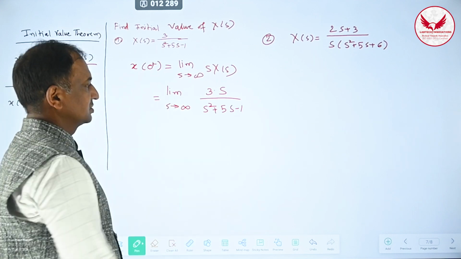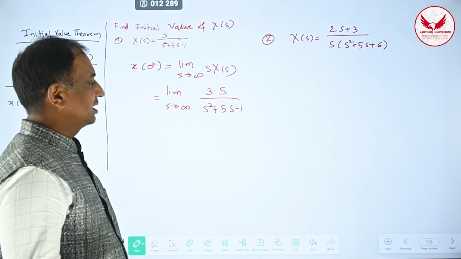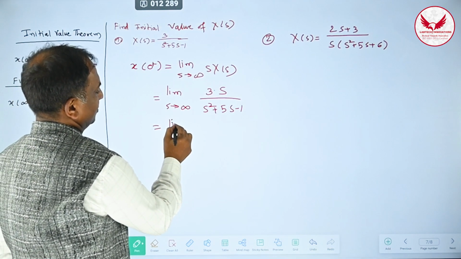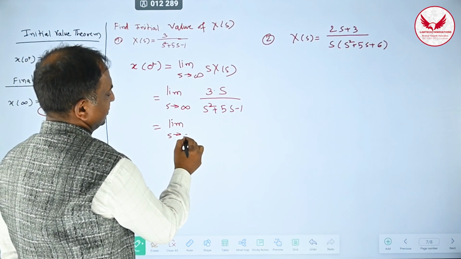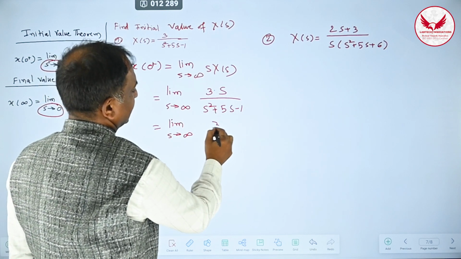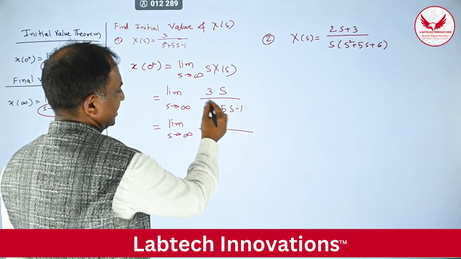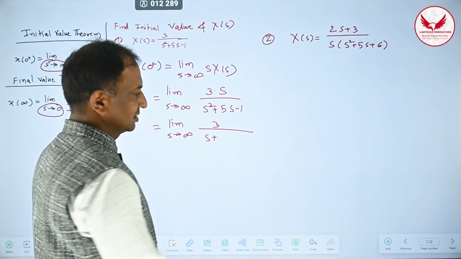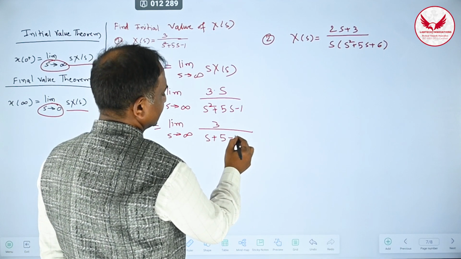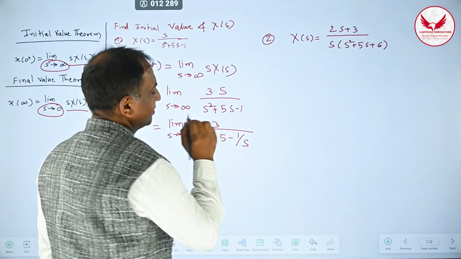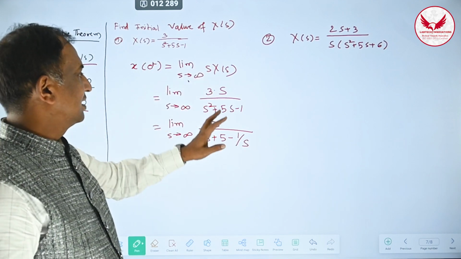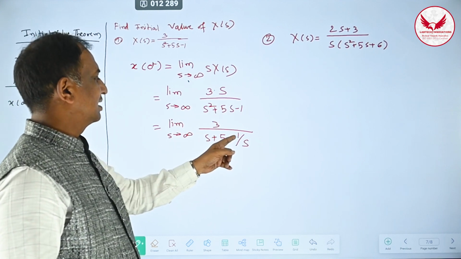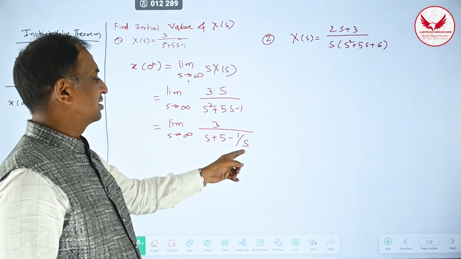So what I will do is divide the numerator and the denominator by s. So this is equal to limit s tends to infinity: 3s divided by s is 3, s square by s is s, plus 5s divided by s is 5, minus 1 upon s. I have divided the numerator and the denominator by s. Here, any term should be converted to 1 upon s where possible.